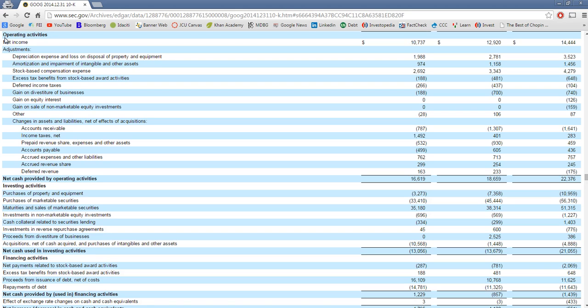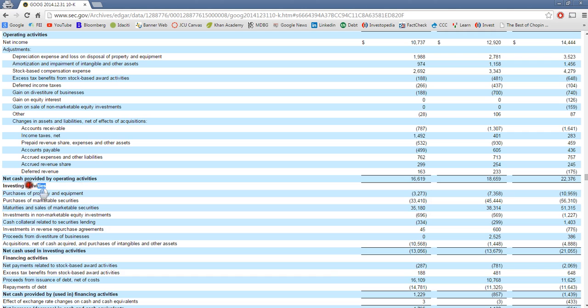So operating is going to be things like cash received from ads. It's going to be things like cash paid to employees, because employees are day-to-day operation. Again, don't worry about this stuff. This is something we'll get to later. But operating cash flows are things like revenues and expenses paid for the core business and paying employees and things like that.